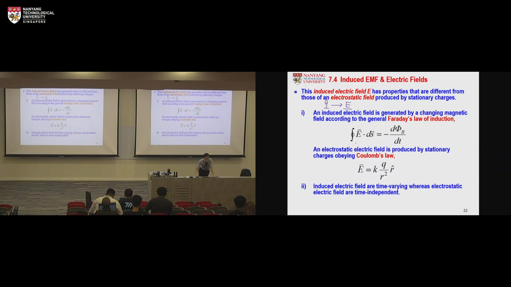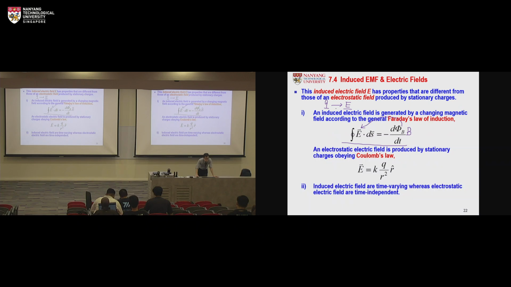While this E is coming from B, from the magnetic field, not from charge, and this is the so-called induced electrical field E. First of all, two types of E: one from Q, one from B.